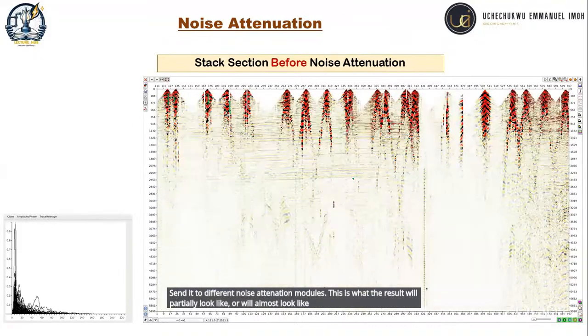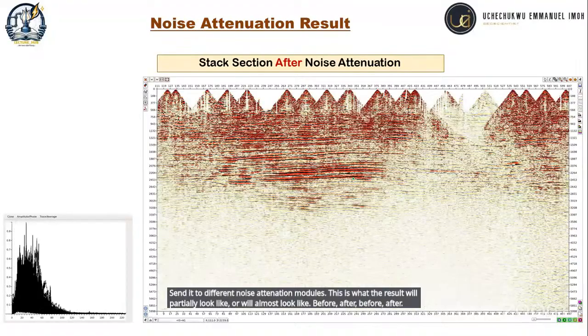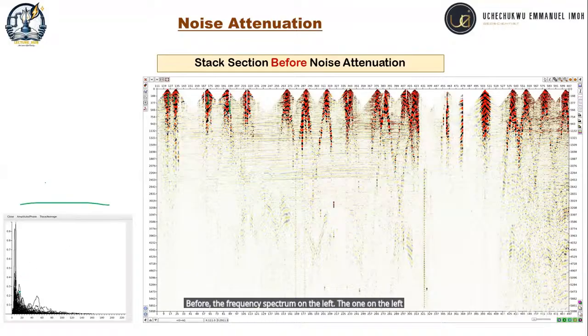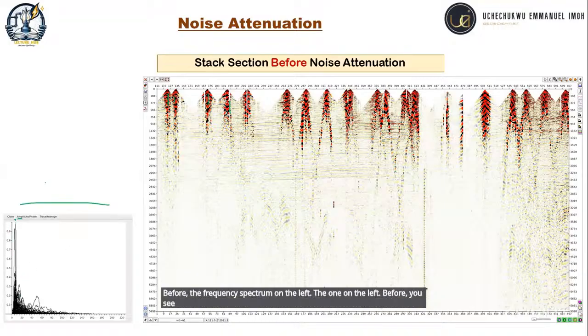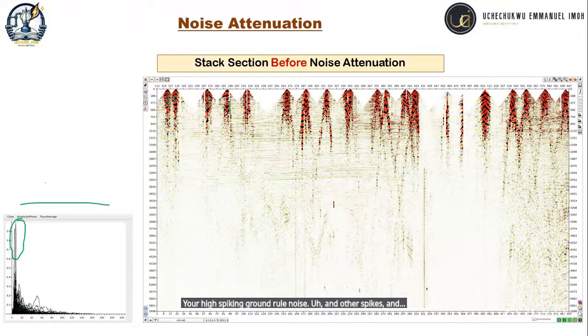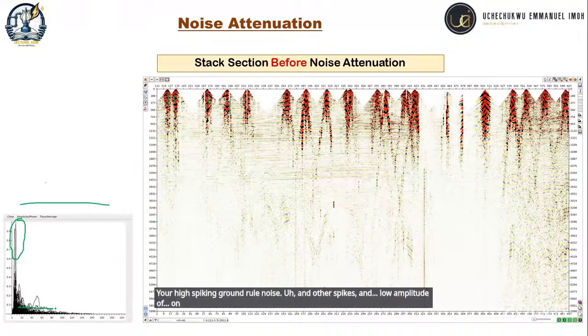Before, after, before, after. Also look at the frequency spectrum. Before, on the left, you see the high spiking ground roll noise, other spikes, and low amplitude on the higher frequency part.